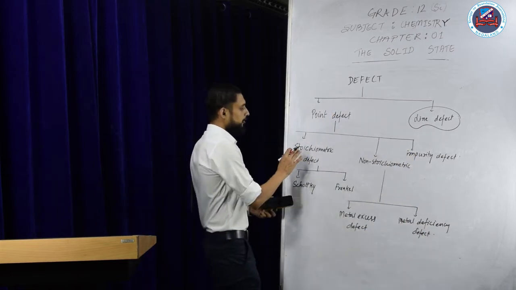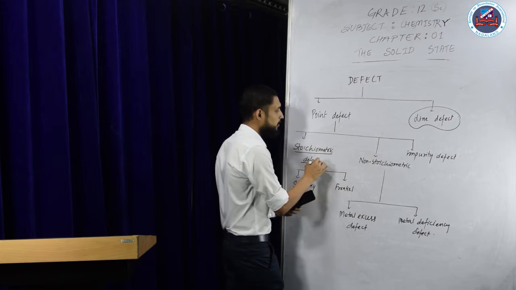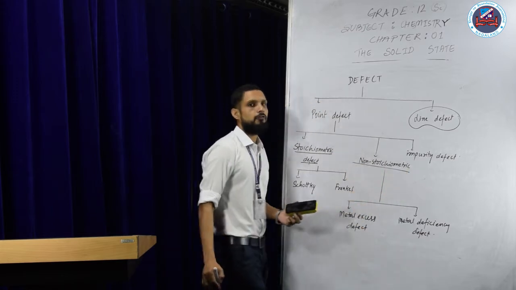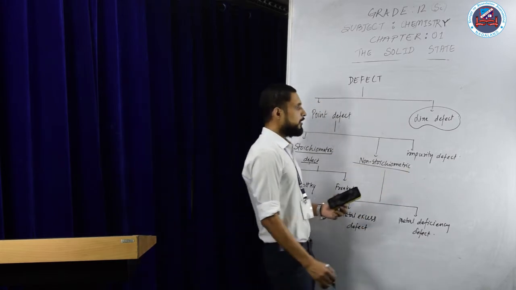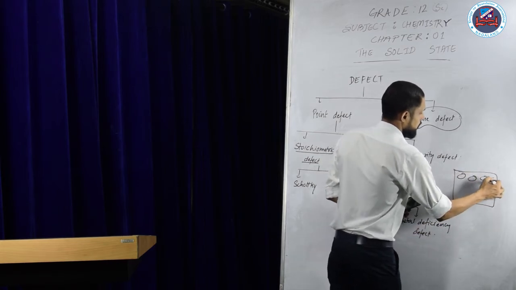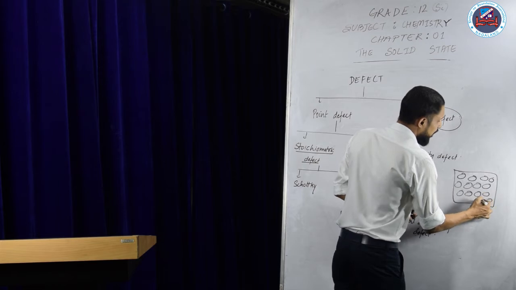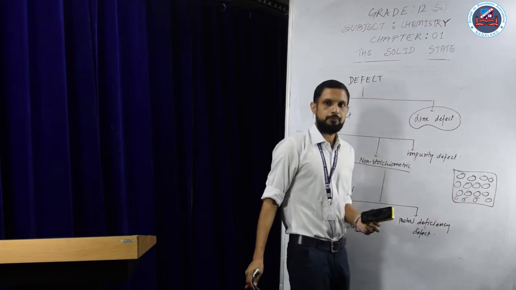Now, first, what is the difference between stoichiometric defect and non-stoichiometric defect? Say you have a crystal. The atoms or the ions or the particles are arranged in an orderly manner.